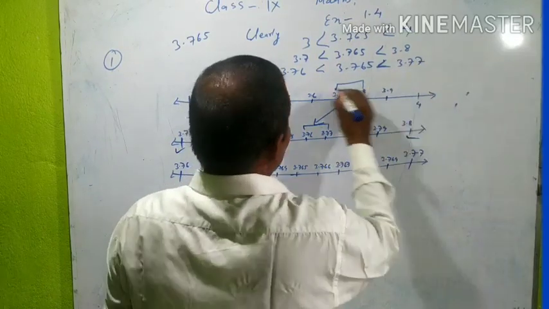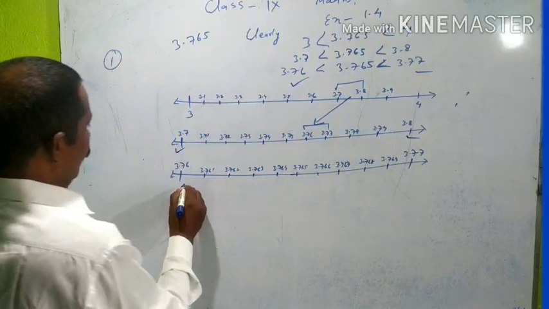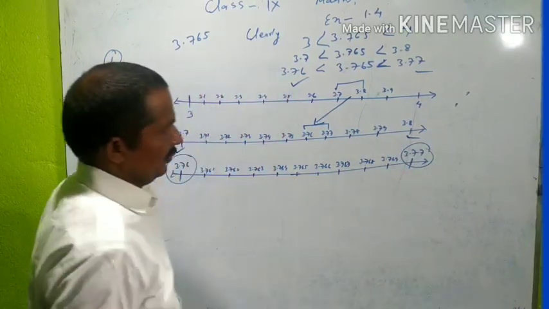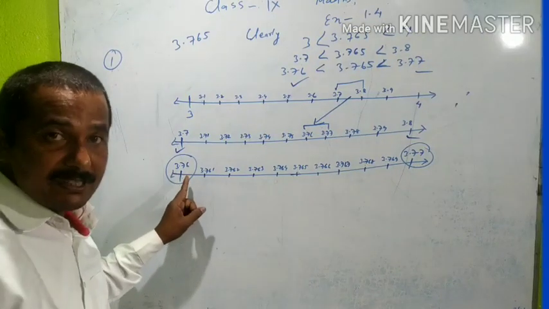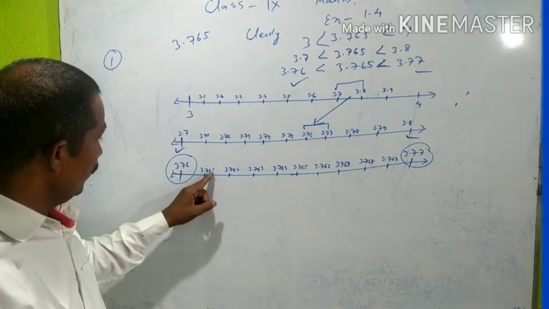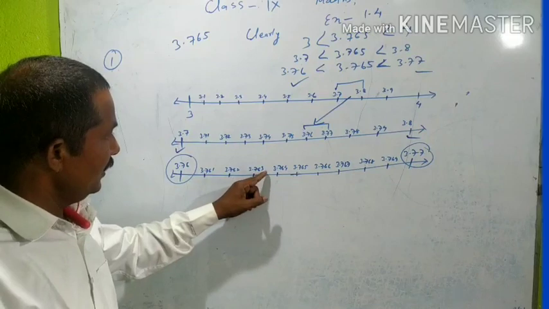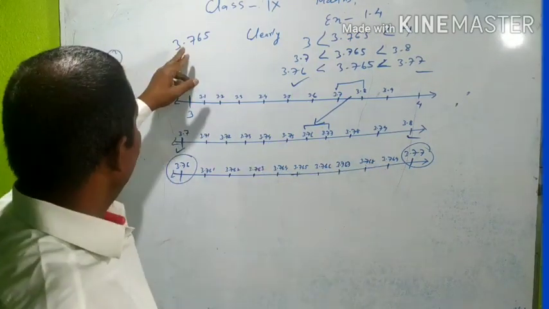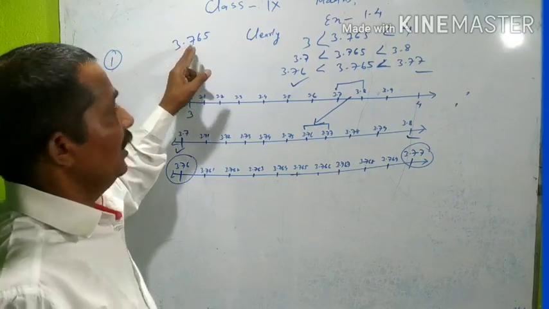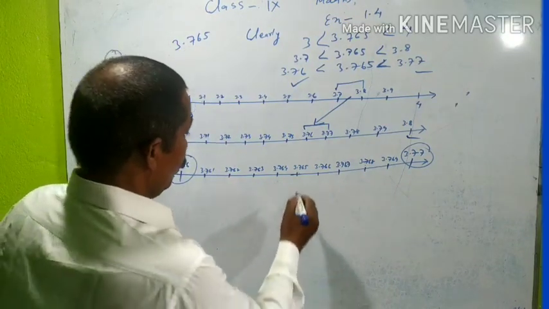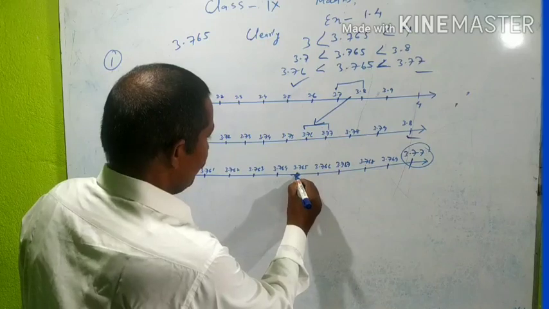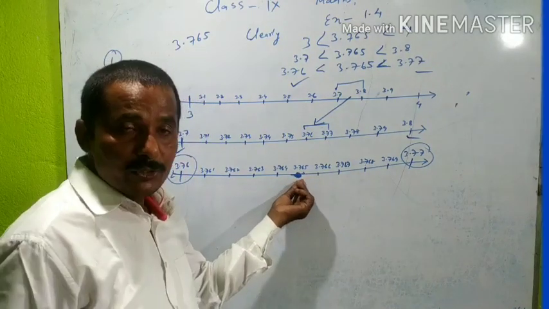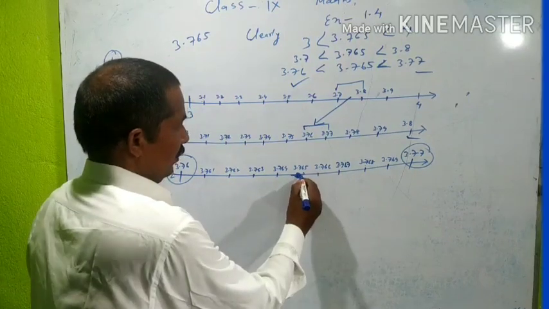So these two numbers I have taken here: 3.76 and 3.77. Now 3.76 is here, then 3.761, 3.762, 3.763, 3.764 up to 3.769. And the number to be shown is 3.765. So this is 3.765, and this is the number required to be shown.